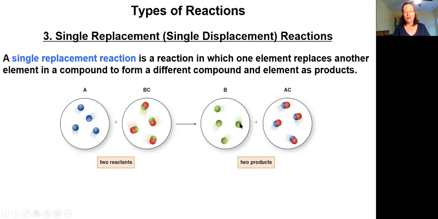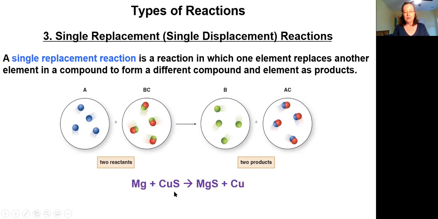B's out on her own, and A and C have now joined together as a new compound. We had a single element here with A. Now we have a single element here with B. This is a single replacement or single displacement reaction. One guy's kicking out another guy.